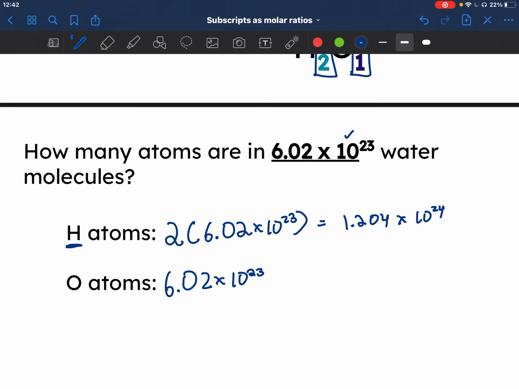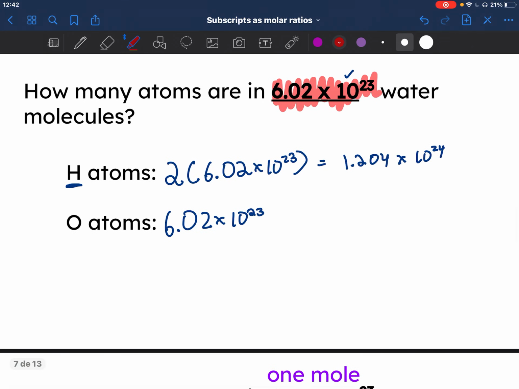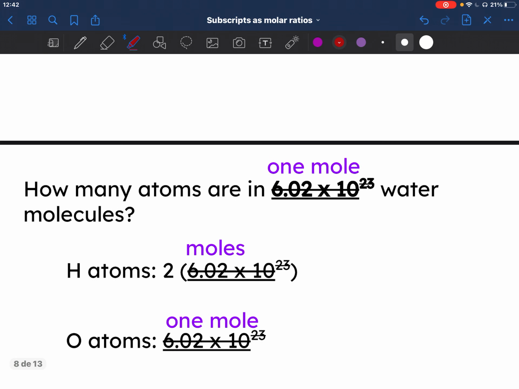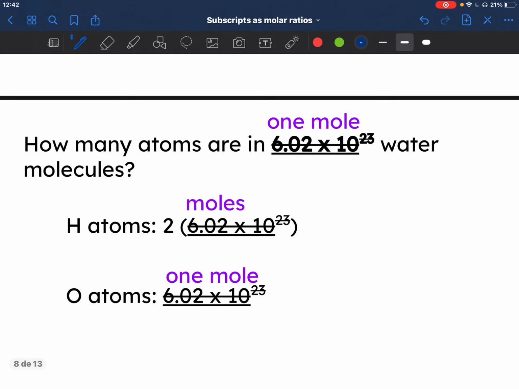All right. Is this a convenient number to work with? Hopefully we recognize that this is our man Avogadro's number. So instead of using this giant 6.02 times 10 to the 23rd, we can use more convenient language. So another way to ask that same question, instead of counting individual water molecules, I can just say 1 mole.